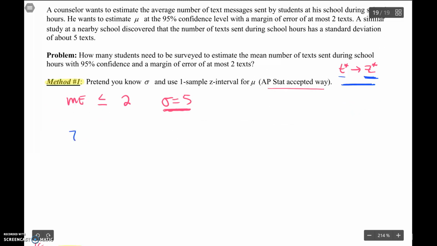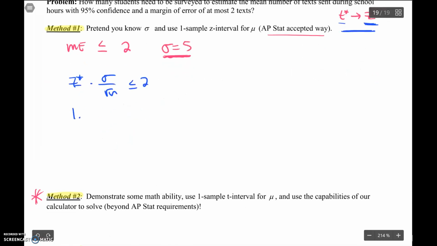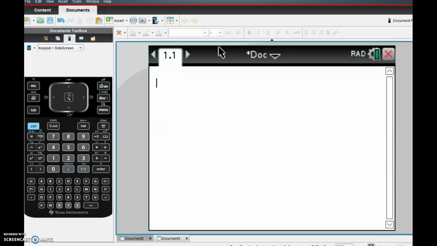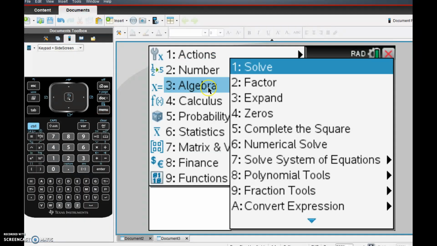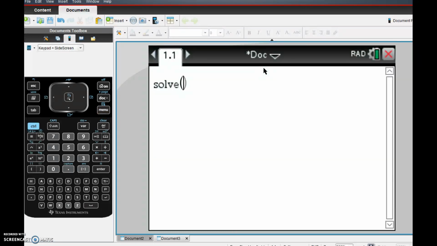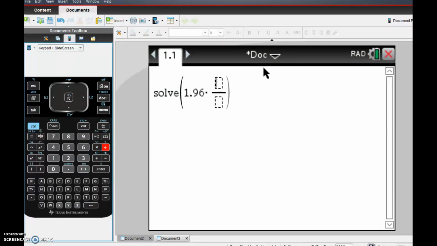So the Z crit times sigma over square root of n. Now it becomes pretty easy. 1.96 times 5 over square root of n has got to be less than or equal to 2. And just solve this with the calculator. Or you can solve it by hand, but I just do it with the calculator, make it easy.